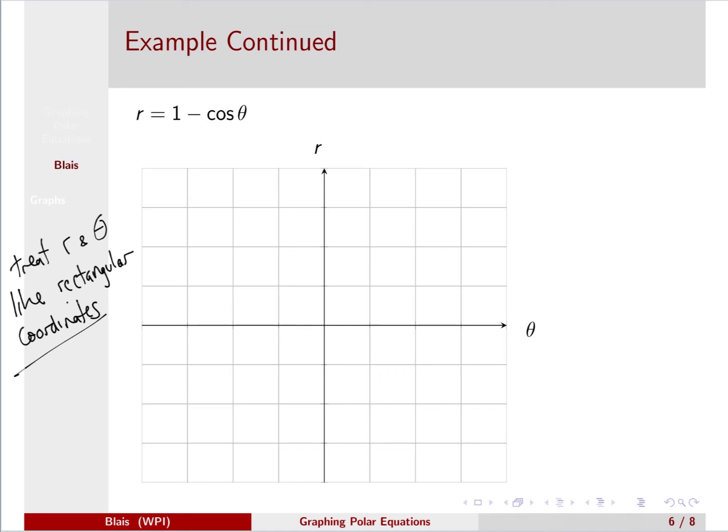So, what does the graph of r equals 1 minus cosine of theta look like? Well, let's draw a few graphs to work our way up to it. We know that cosine of theta would look like this.